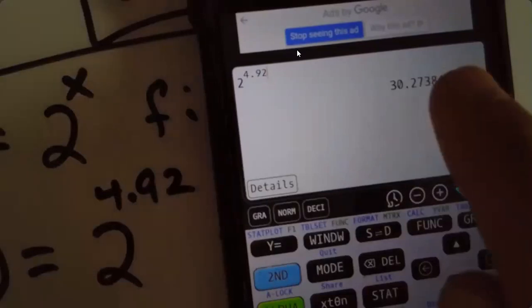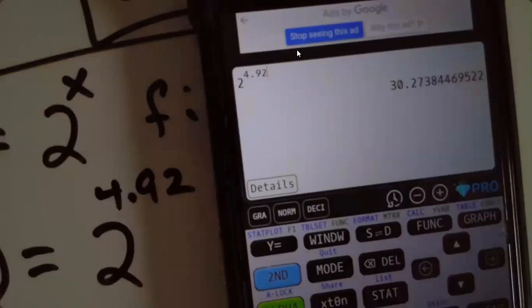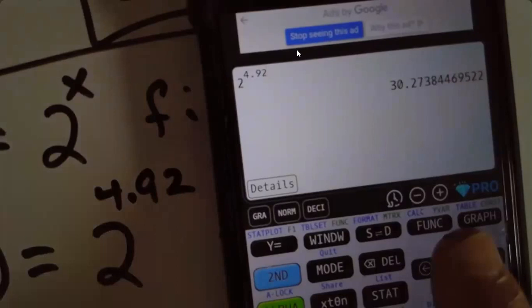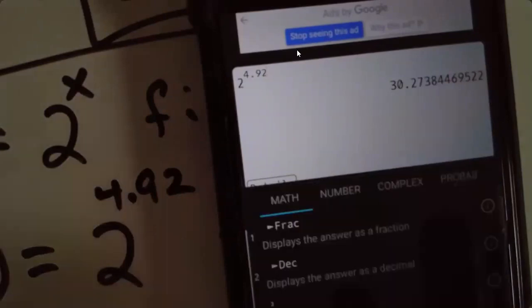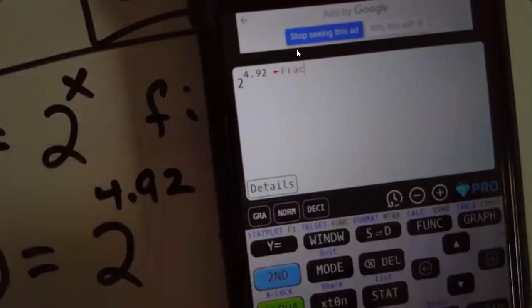Well, they don't tell you what to round it to. On the homework, they usually tell you to round it to 2 or 3 decimal places. Sometimes they have you do it as a fraction. So if you have to make it a fraction, you can go to math, and then 1 for fraction, and then enter.